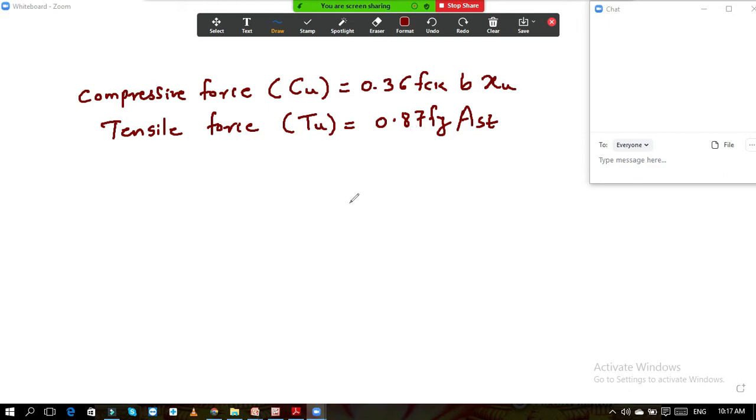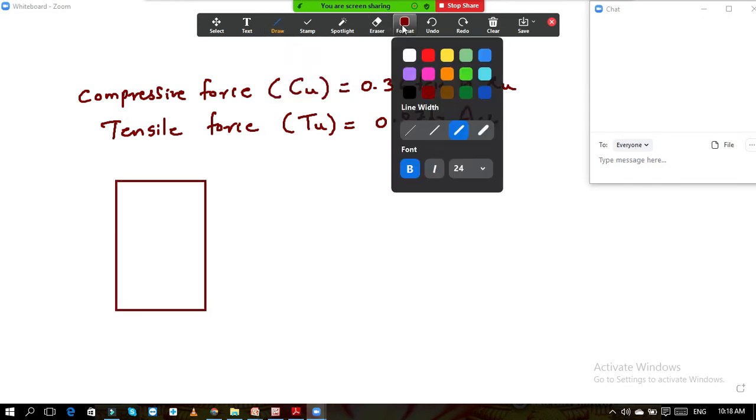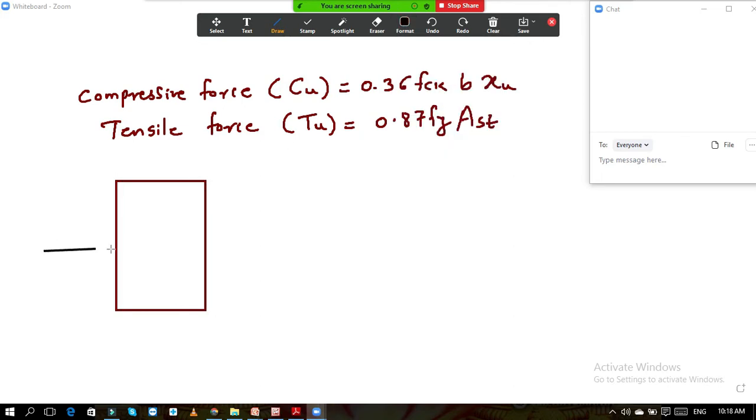Okay, so quickly I will draw the diagram so that we will recap that and then we will proceed further. So now this is the beam section. This axis is the neutral axis.